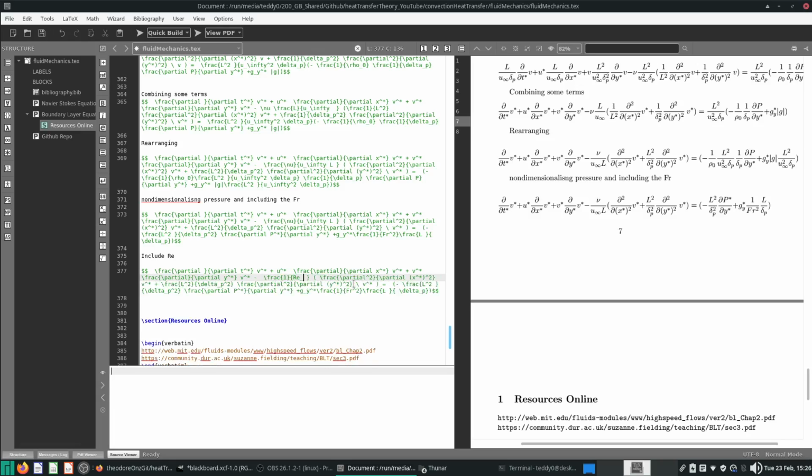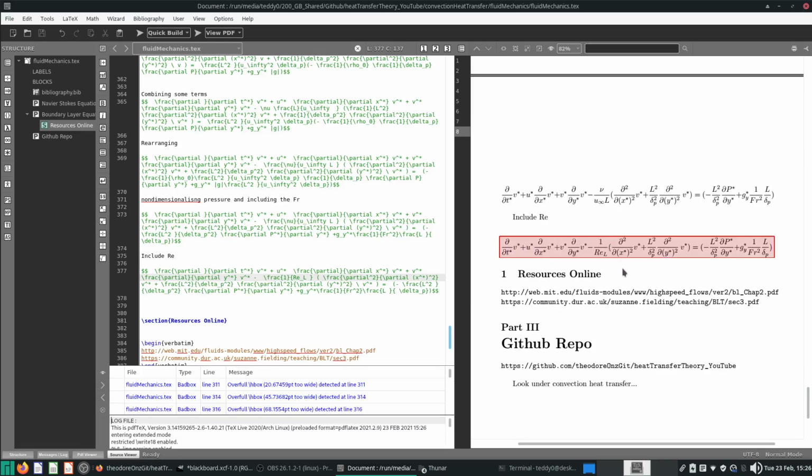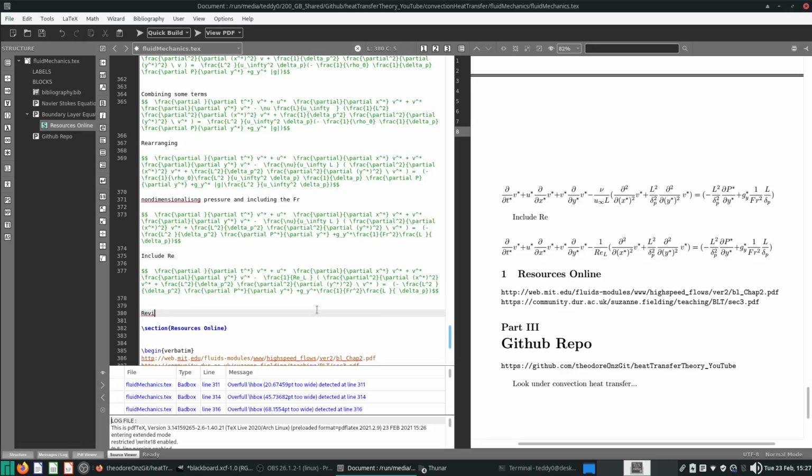Okay, REL, Reynolds number L. This is actually REL. So that non-dimensionalizes our Y equation. Okay, so review: Navier-Stokes non-dimensionalized.